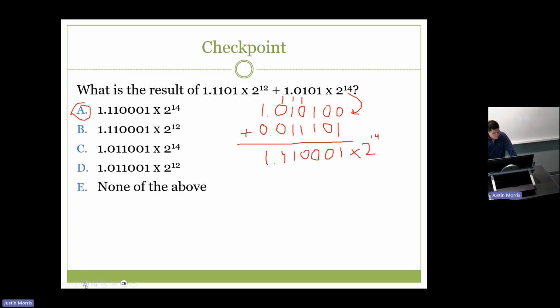In this set of slides and practice problems, we were just going over how to do the arithmetic parts. But on your homework, you're going to be given the 32-bit representation of the floating point number.